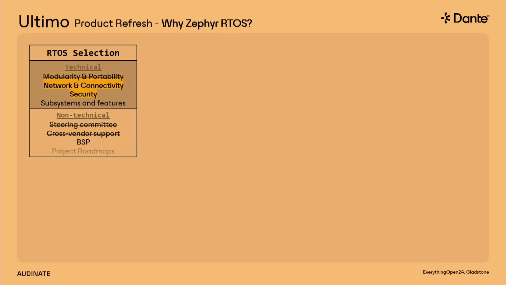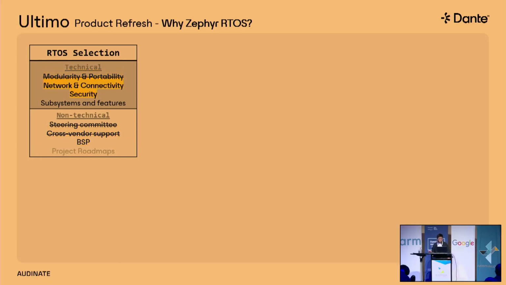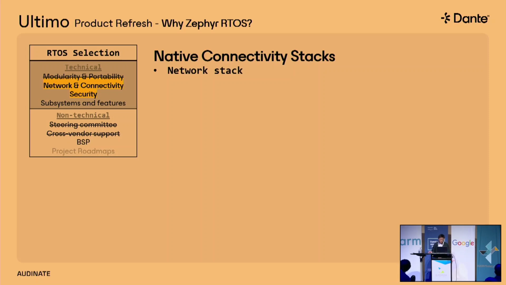Now, there are other factors. So Dante being more of a networking problem, we rely heavily on the network stack. So one of the selling points of Zephyr is it has native connectivity stacks. So this includes the network TCP/IP stack, the Bluetooth stack, which includes the low energy and the normal Bluetooth stack.